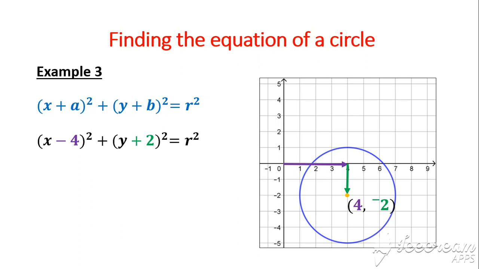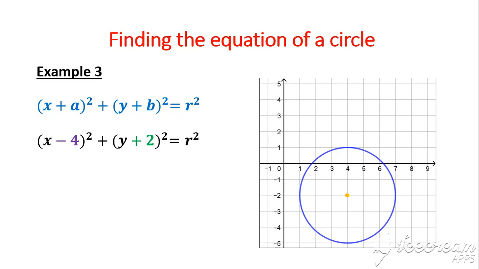If you move the parabola to the right, we put it in brackets with the x and it becomes a minus. Now the same applies for the y direction. I'm moving it down 2 in the y direction, but in my y bracket I put plus 2. So I've got x minus 4 all squared plus y plus 2 all squared is equal to r squared.